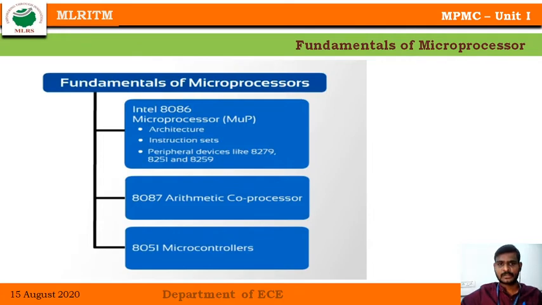Not only the peripherals, we are also going to see the 8087 arithmetic coprocessor: what an arithmetic coprocessor is and the detailed architecture of those things. And we will also discuss the fundamentals of the 8051 microcontroller.